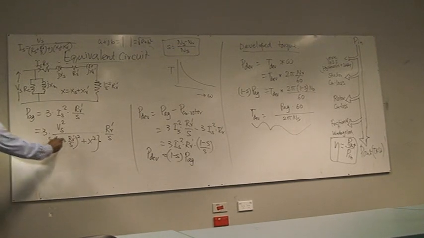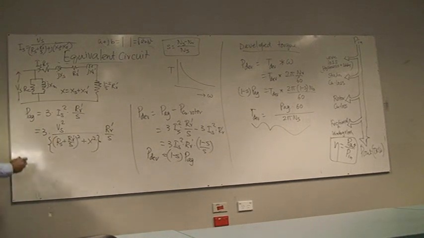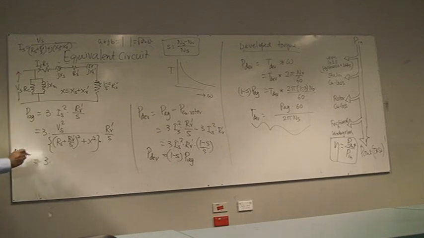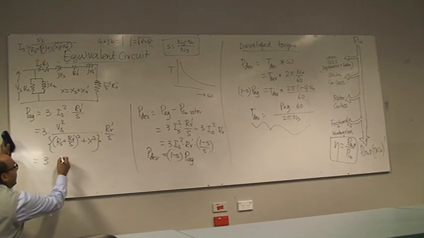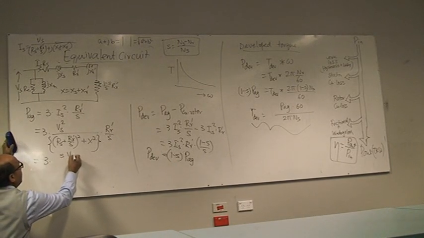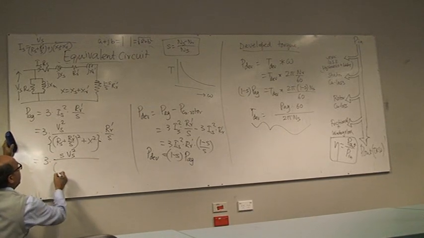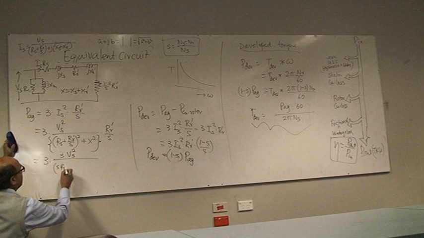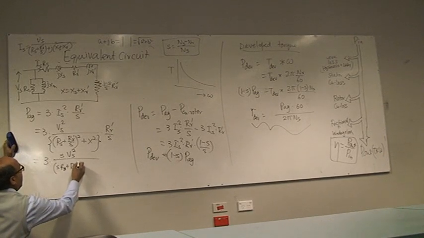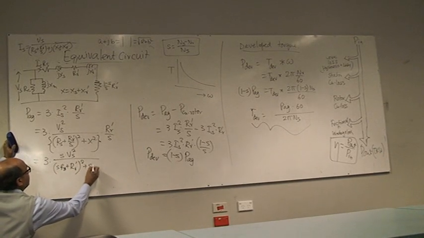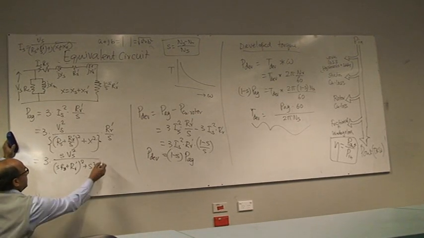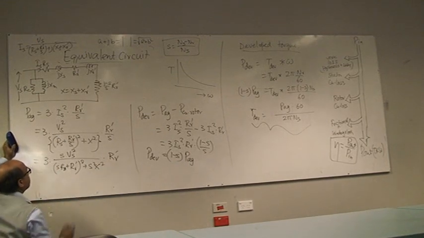So now this one, if you just solve this one, what do you get? So I write in one line, so I will have like this, 3 V_s square, here I will have (R_s plus R dash by s) whole square plus X square, times R dash by s.